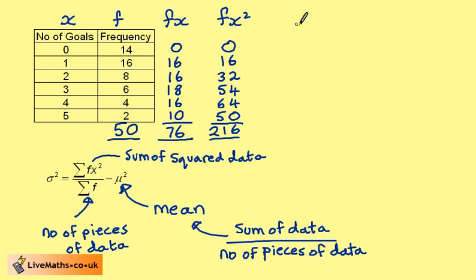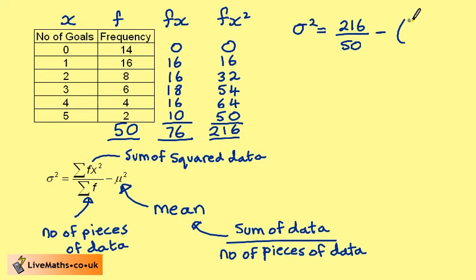We can now substitute into the formula. Sigma squared is sigma fx squared, which is the 216, the sum of the fx squareds, divided by the number of pieces of data, which we know is 50.